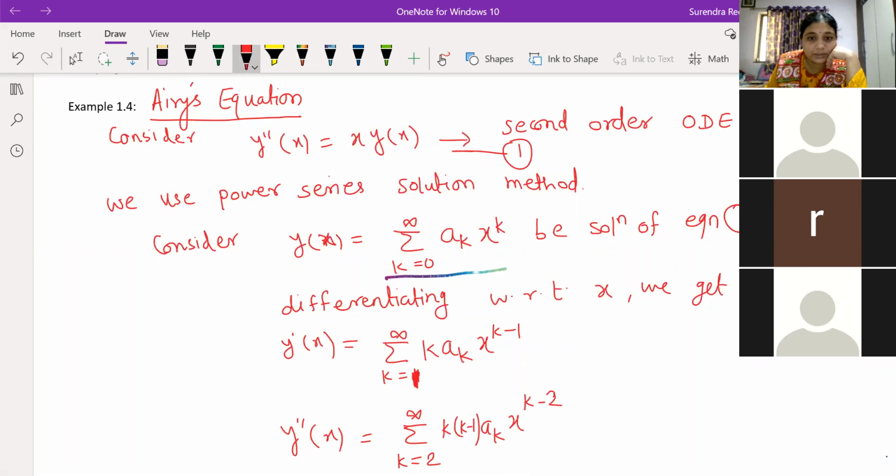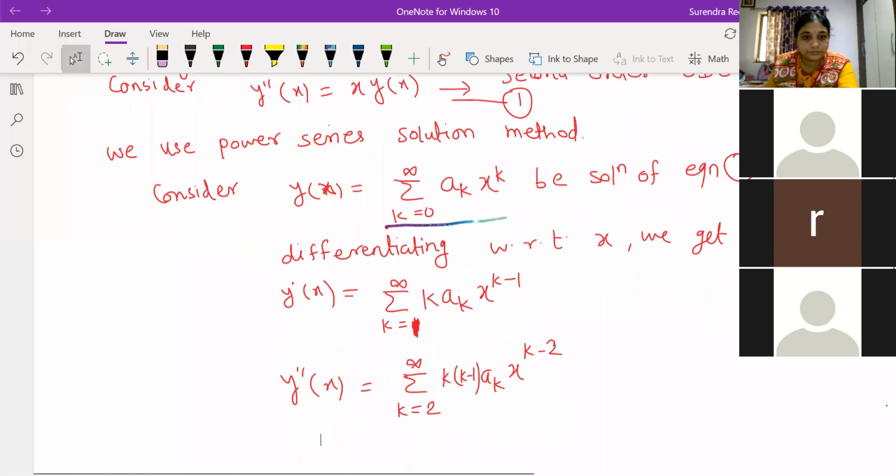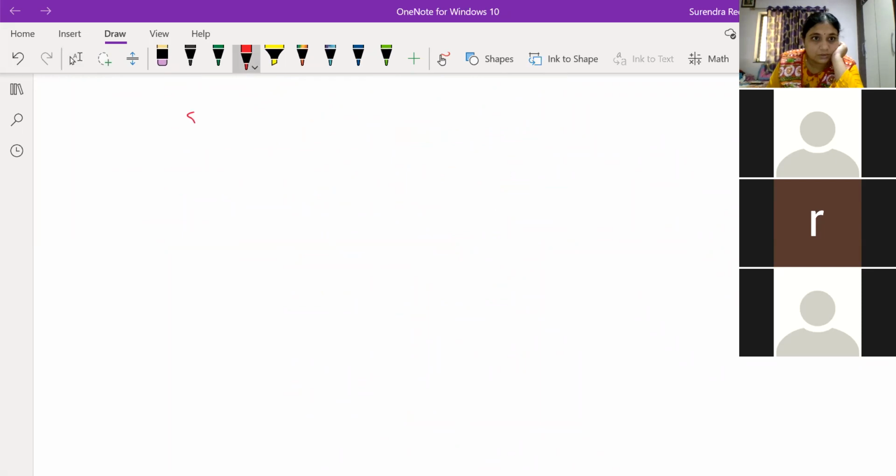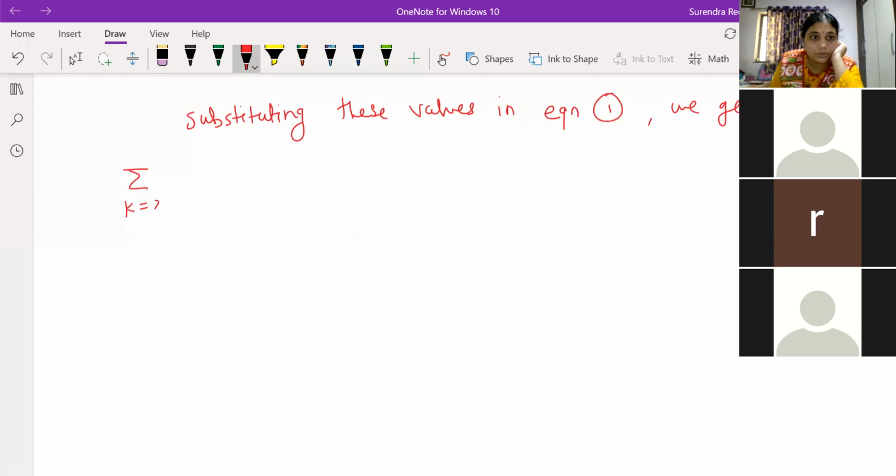Substituting these values in equation 1, we get k equals 2 to infinity, k into k minus 1, a_k, x raised to k minus 2, minus x times y of x.